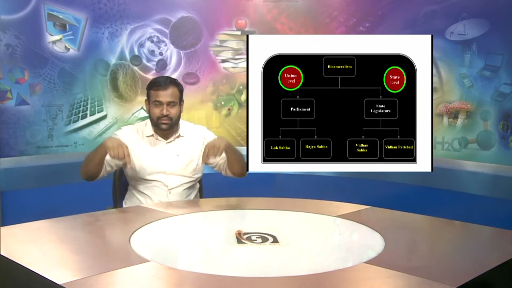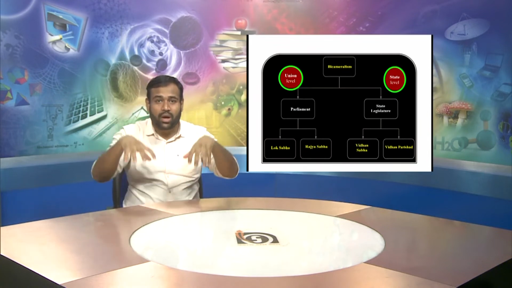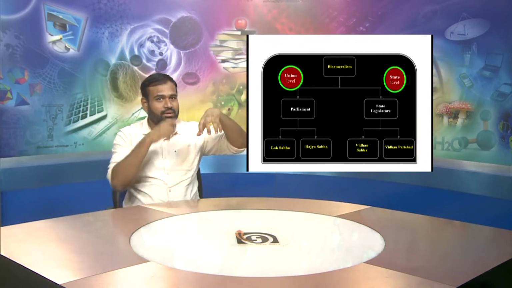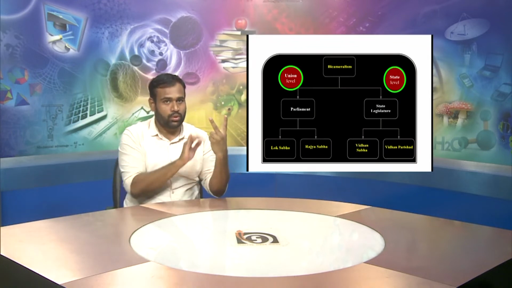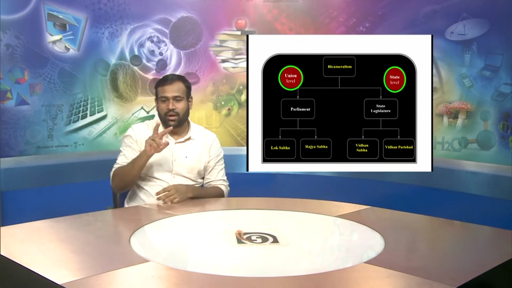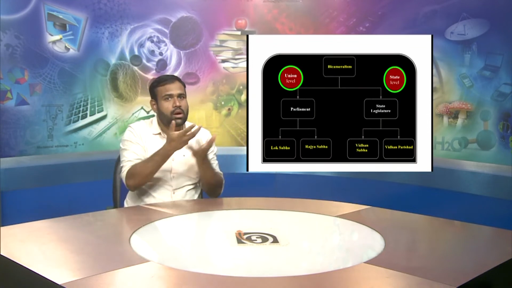Let us now understand the bicameralism. In this, we have union level and state level. We know that union level is the parliament and the state level is the state legislature.